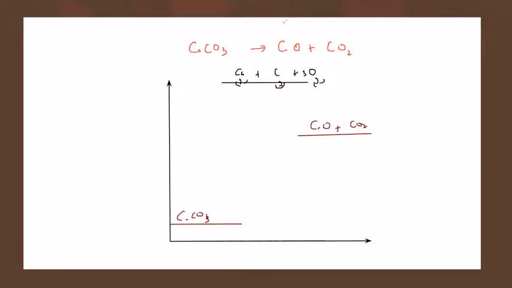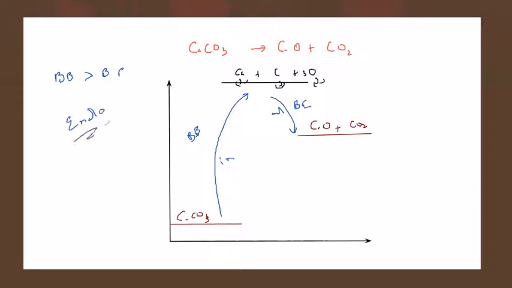So first we break the bonds in the reactant, so bond breaking energy is there, and then bond forming. But the energy taken in for bond breaking is higher, and the energy given out is less. So overall, because the bond breaking is more than bond forming, the reaction will be endothermic.